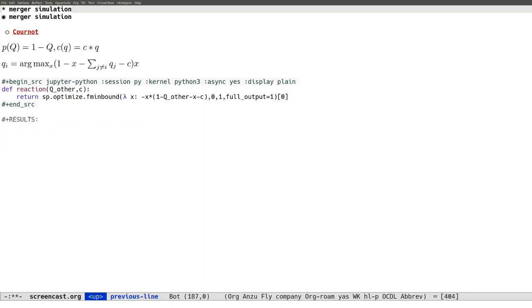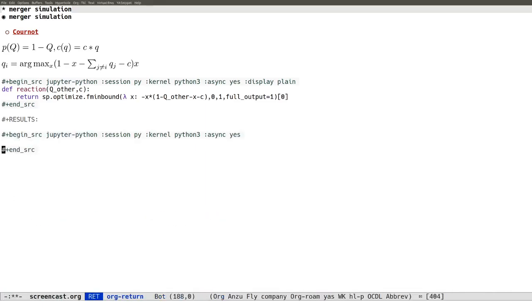To get an idea of what's going on, let's plot this reaction function. So I'm going to specify a range for Q, and it's going to be equal to, we use numpy arange, going from 0 to 0.6 with steps of 0.1.